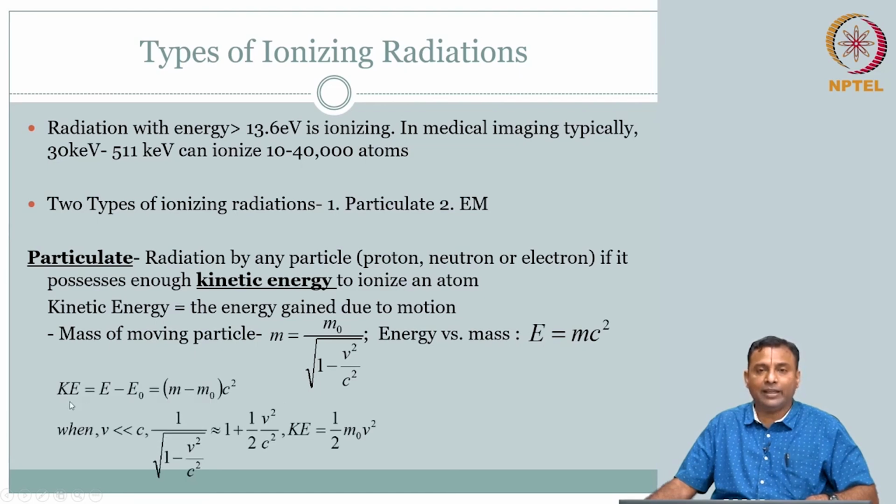Kinetic energy is E minus E naught. Quickly you can substitute E equals mc squared, so (m minus m naught) c squared. If v is negligible, then it comes down to your typical KE, which is half m v squared, or half m naught v squared. Okay. So that is your particulate radiation.